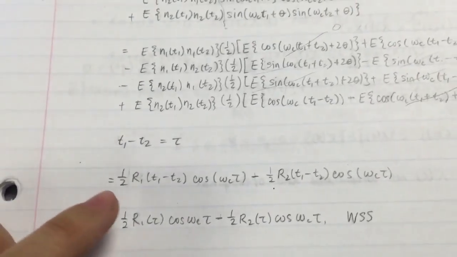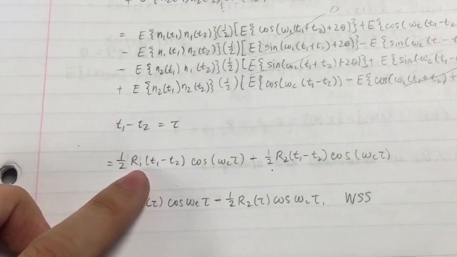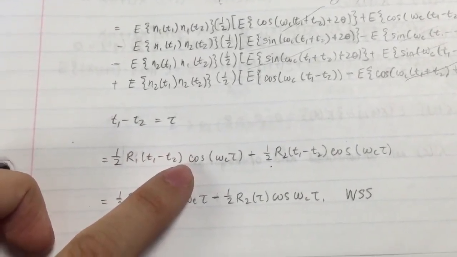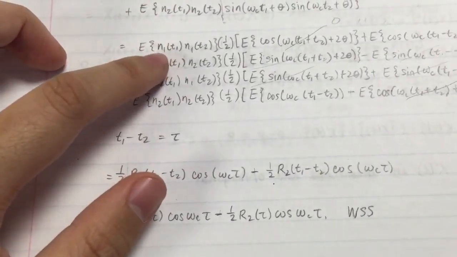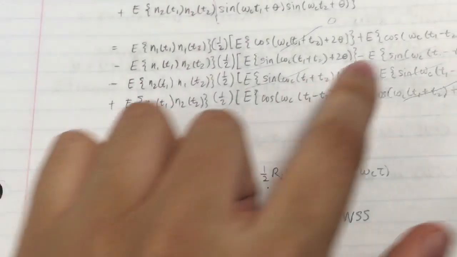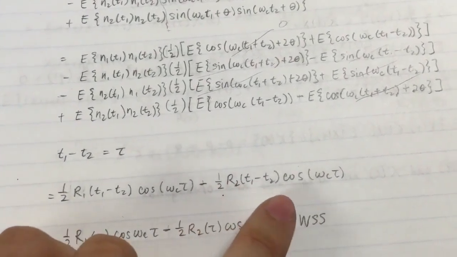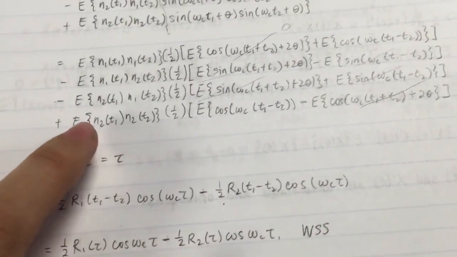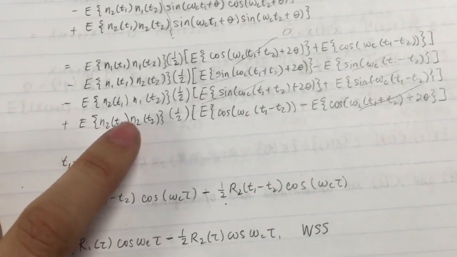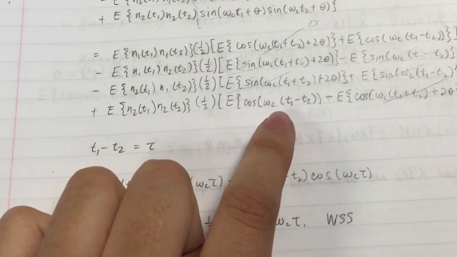So then what you're left with is 1/2 R1(T1 minus T2), which is this expression here, the expected value of N1(T1) N1(T2), times the cosine here, minus 1/2 R2(T1 minus T2), which is the expected value of N2(T1) N2(T2) times cosine, which is this expression here.